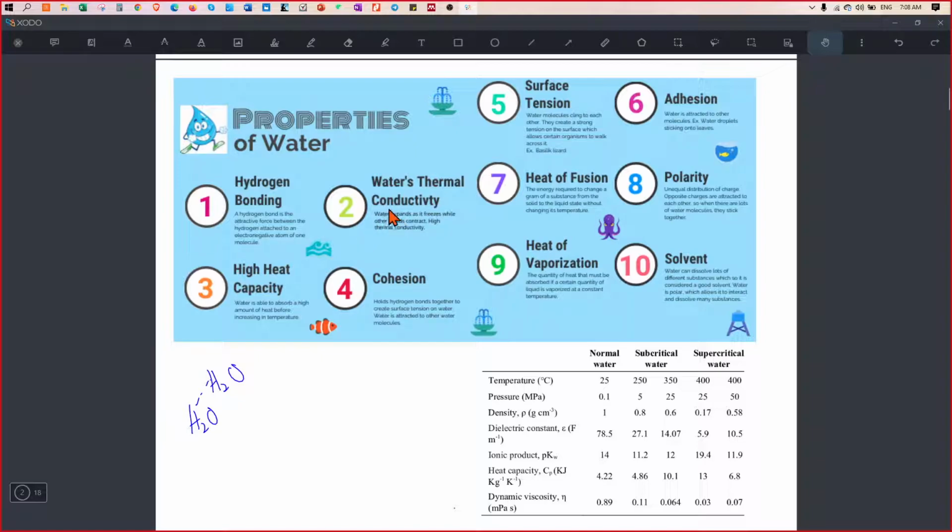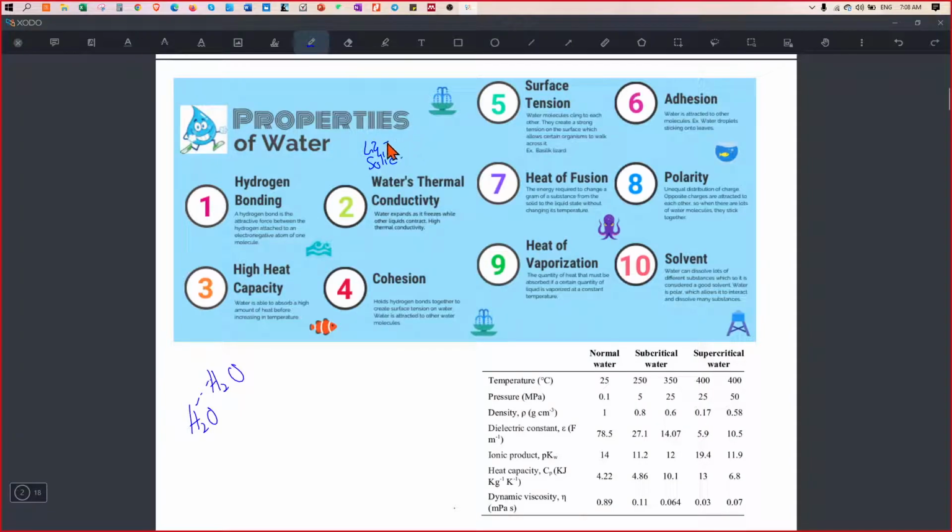The second property is that water has a very high thermal conductivity. When it's liquid, it does not conduct as well as it does in the form of solid.